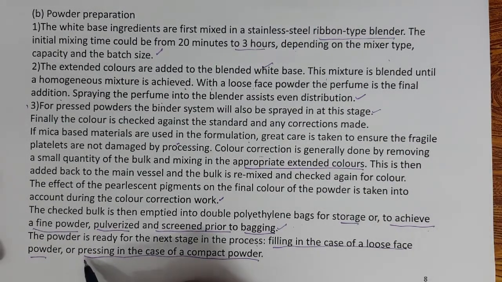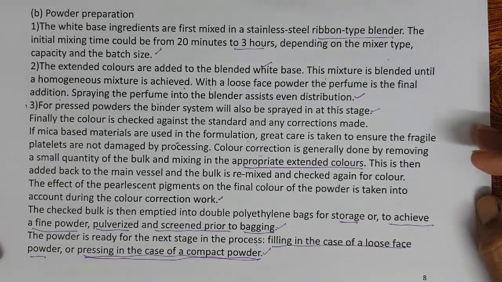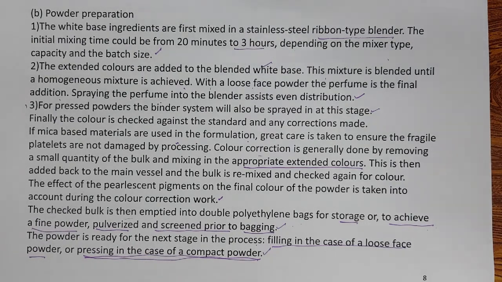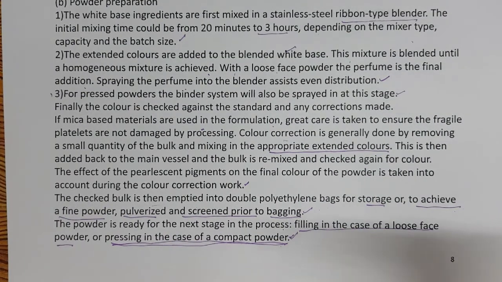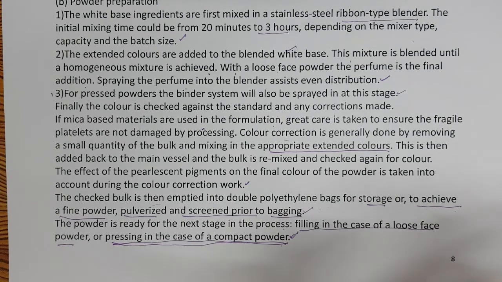So the process of pressing in case of compact powders, we will see a very short video on how the compact powders are pressed. The video shows the pressing of the powder in the godets.